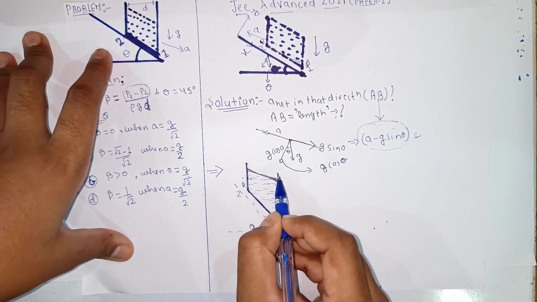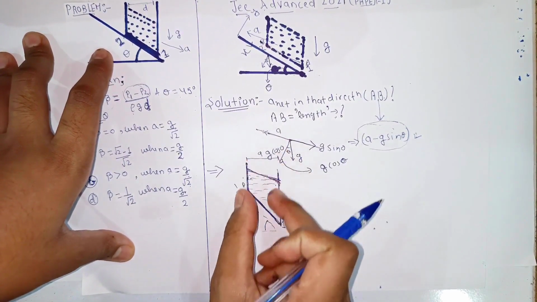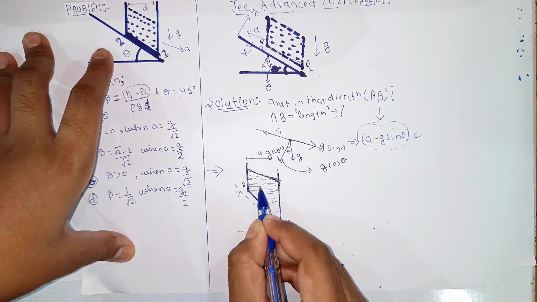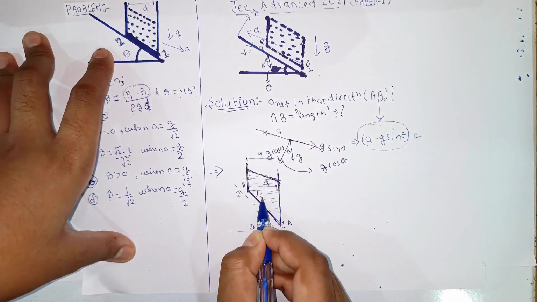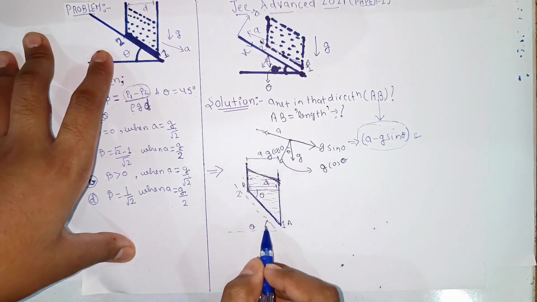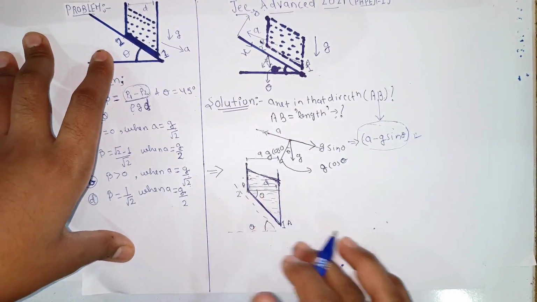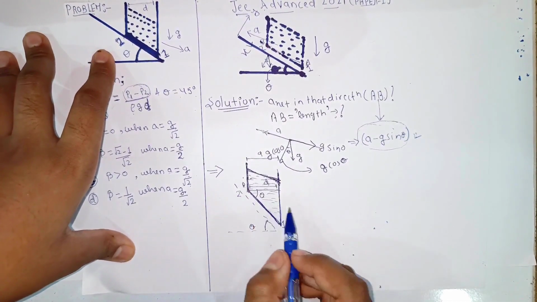Now they have given this diameter as D, so we can take it here. So this diameter is actually D, and if this is theta, this will also be theta by alternate interior angles. Just shift it here, and this line and this line will be parallel, and by alternate interior angles this will be theta.